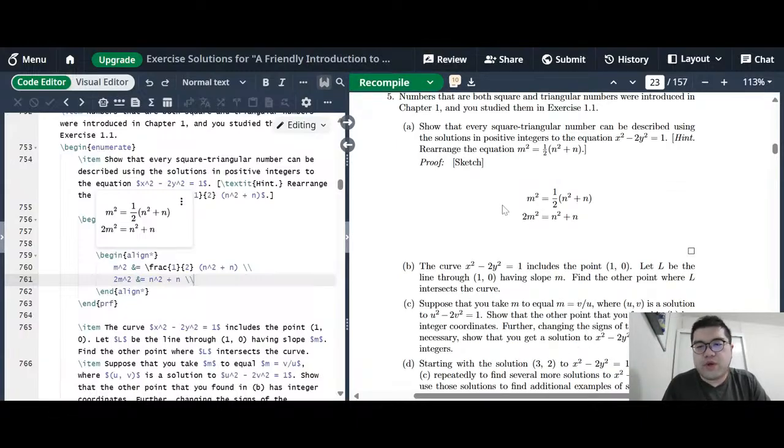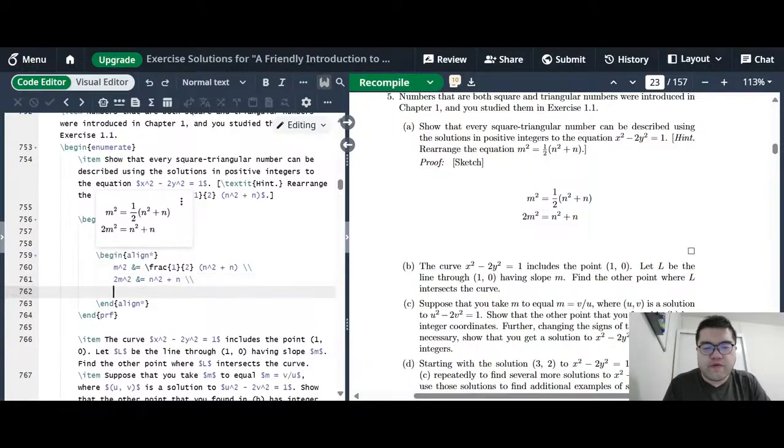Then what will be next? Because our goal is to get the form x squared minus 2y squared on the left hand side. So let's throw the 2m squared to the right side and then put everything to the left, which means that we now end up with n squared plus n minus 2m squared is going to be equal to 0, of course. Oops, we don't need two equal signs.